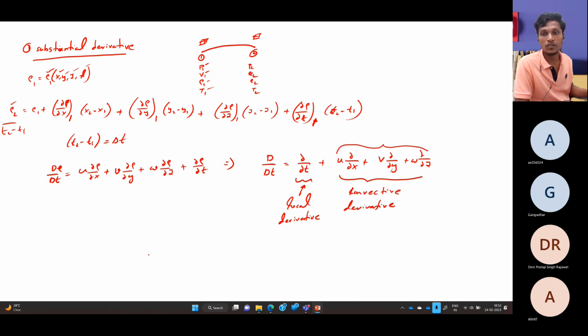You see these parameters are x, y, z. If any property is changing from position to position, that rate of change we call a convective derivative. If it is changing only because of time, then we call it a local derivative.